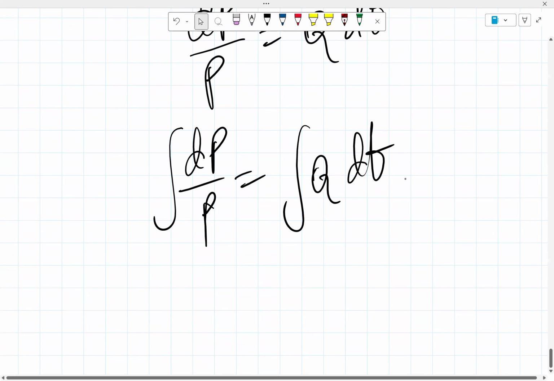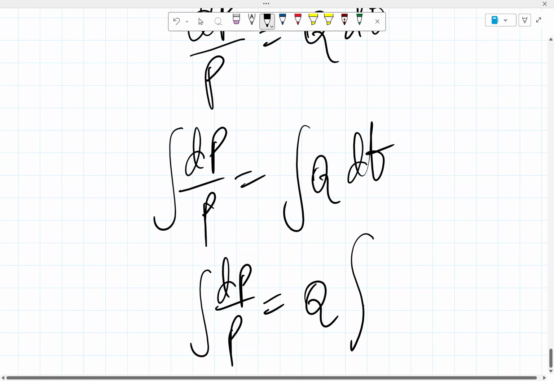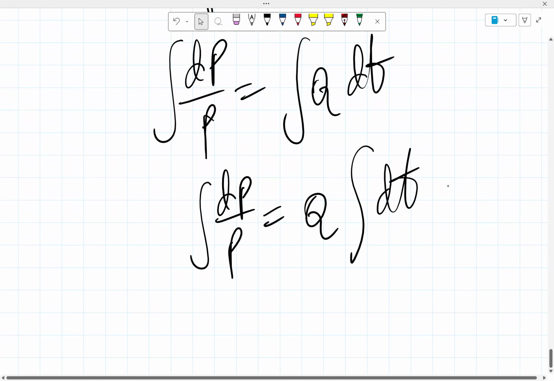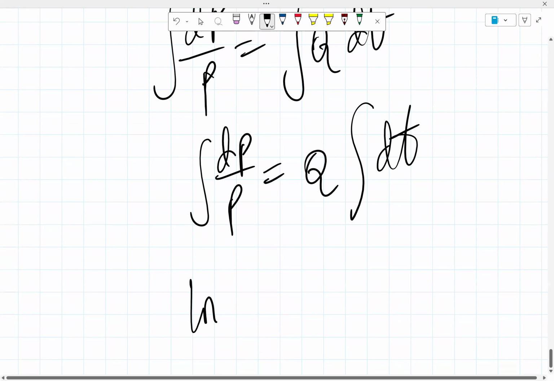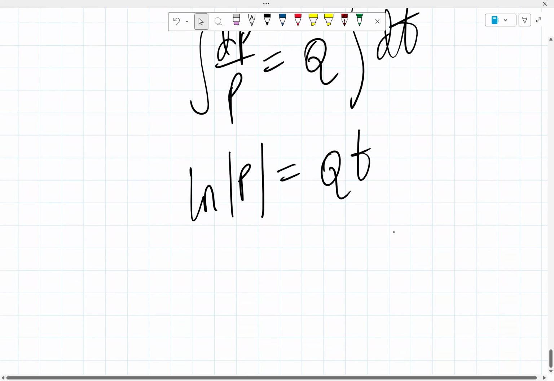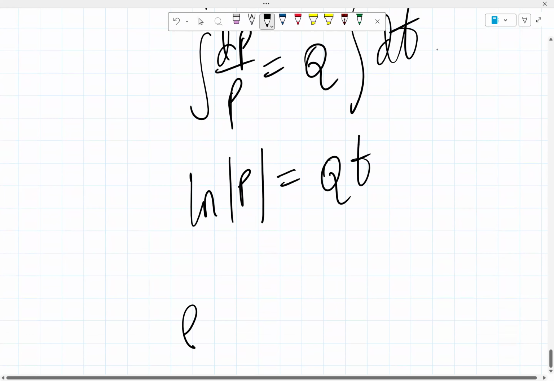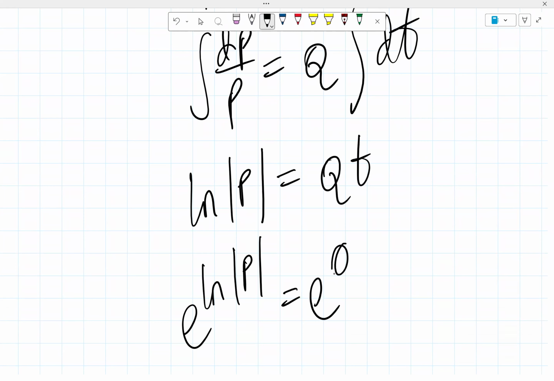Q is not a function of t. The integral of dP over P is ln P, equals Qt. To get rid of ln, you have e raised power ln P equals e raised power Qt plus some constant k, if you like.